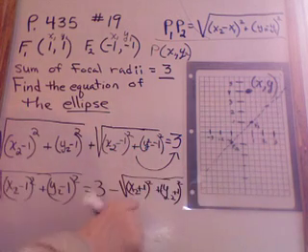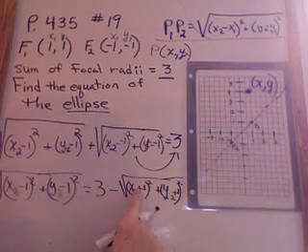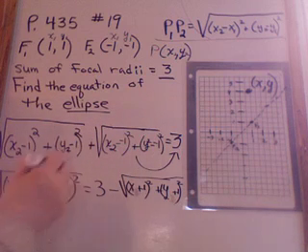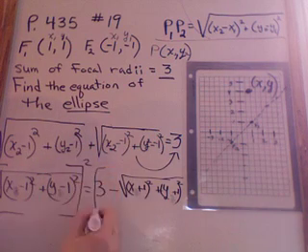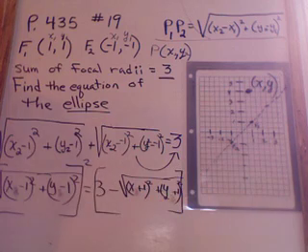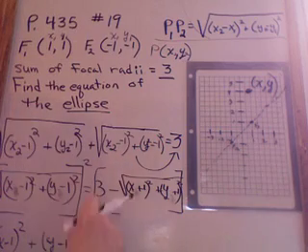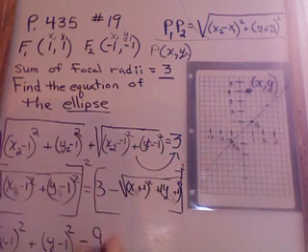Now since both of these have x2's and y2's, I think it's easier not to use the subscripts, so the x's are the same and the y's are the same. Now all I have to do is square both sides. This side is easy. This one is a binomial, so it's a little bit trickier. On this side, when I square something in a square root, I end up with x minus 1 squared plus y minus 1 squared equals, now when I square a binomial, square the first term, 9.